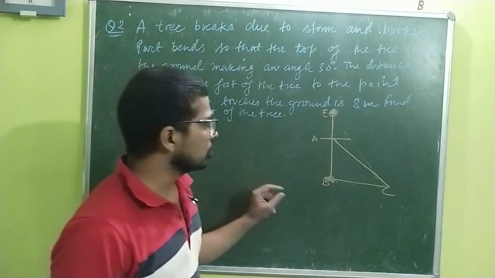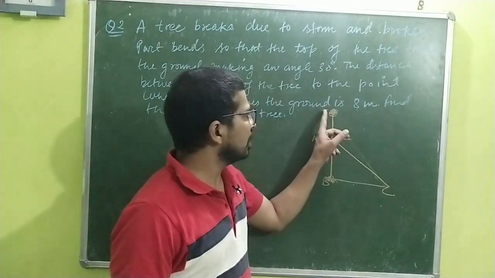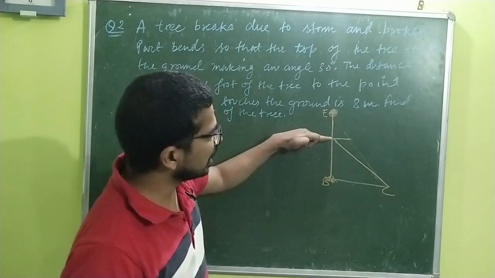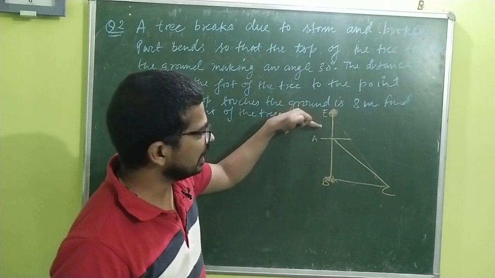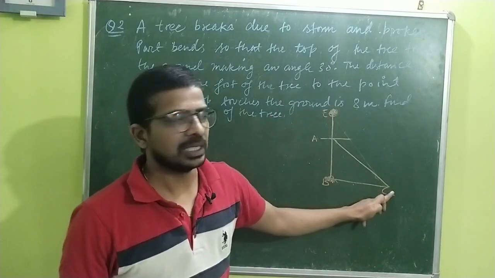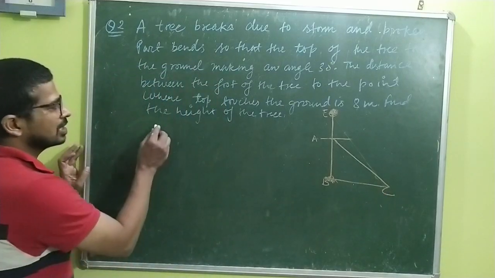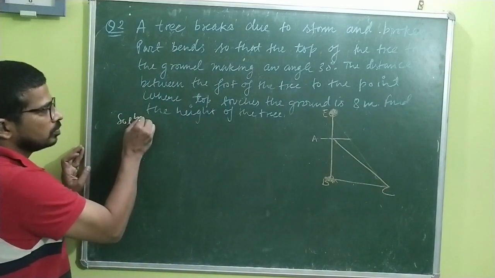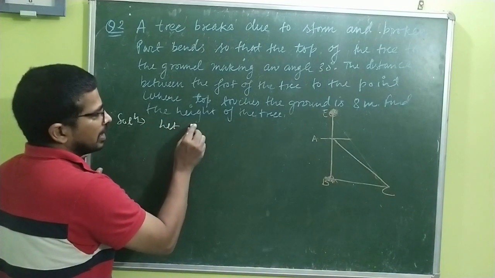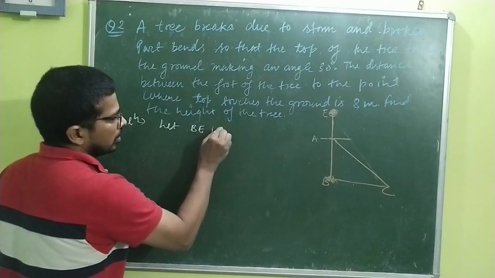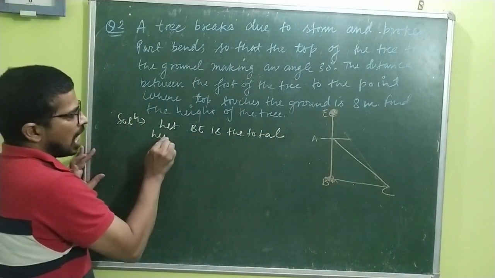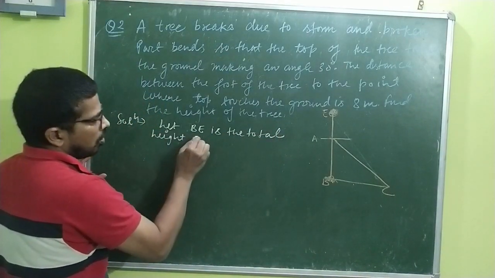So now what their question is: suppose EB is the total height of the tree. Okay, and it broke from A, and this broken part AE bends down and touches the ground at C. So if you have to write the starting solution, we can say BE is the total height of the tree.